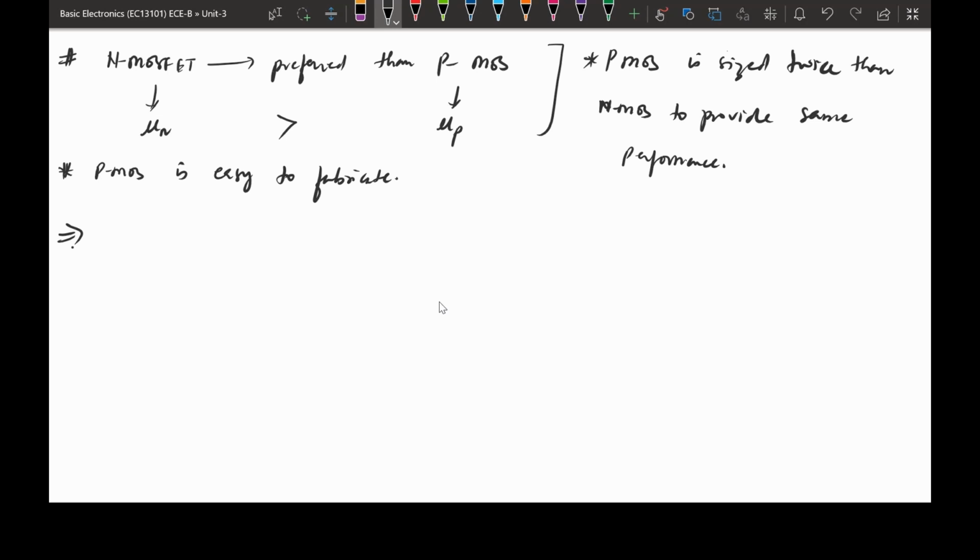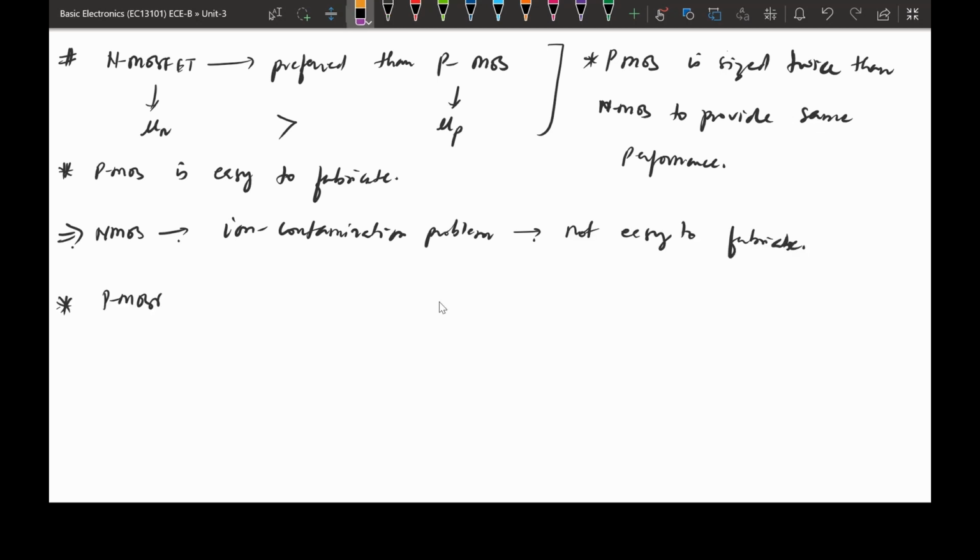And why? Because in NMOS there is a problem called ion contamination during fabrication, while there is no ion contamination problem in case of PMOS. That's why PMOS is considered easy to fabricate, and NMOS is not easy to fabricate.